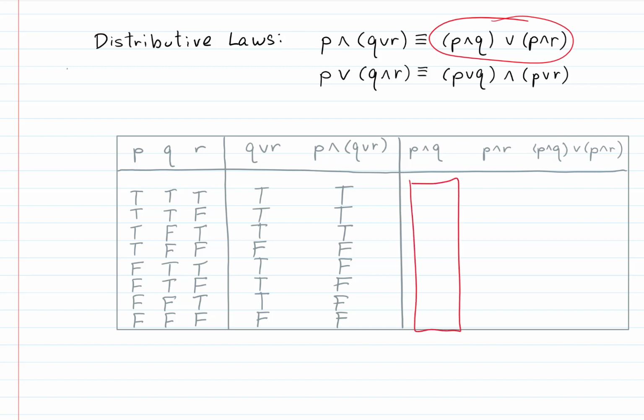So here I have the conjunction of P and Q, which is true if P and Q are both true, and false otherwise.